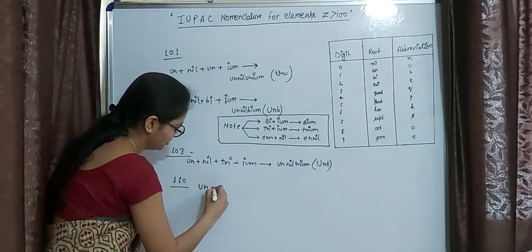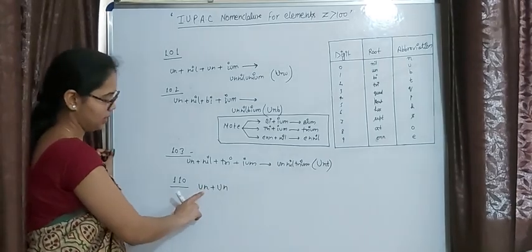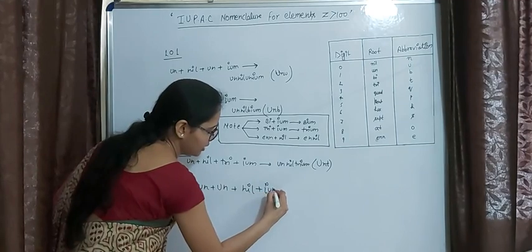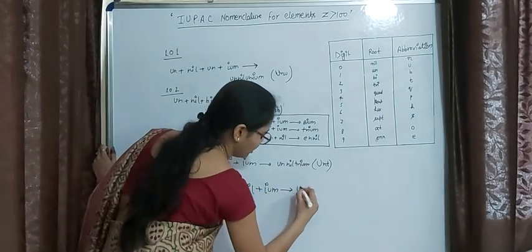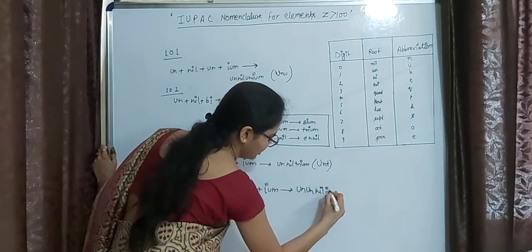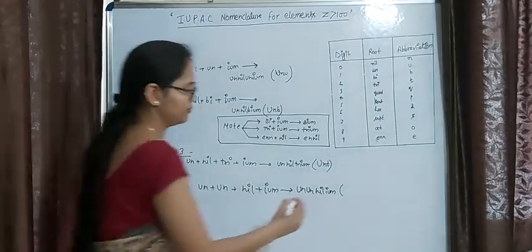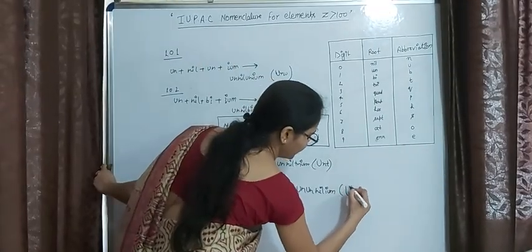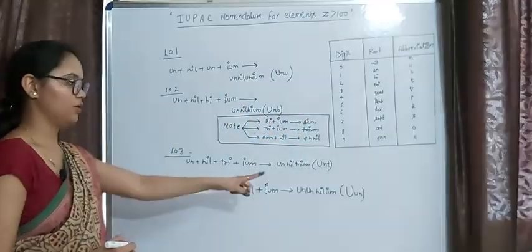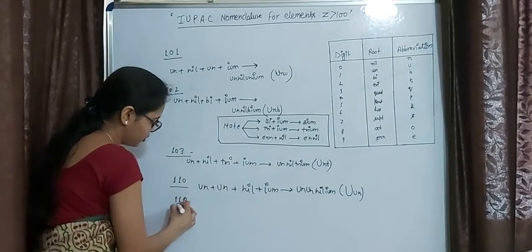So un, un, because for 11 the root word is un, plus for 0 nil, and then we add ium. The name will be un, un, nilium. And the symbol will be U, U, N, with the first letter capital and the rest small.